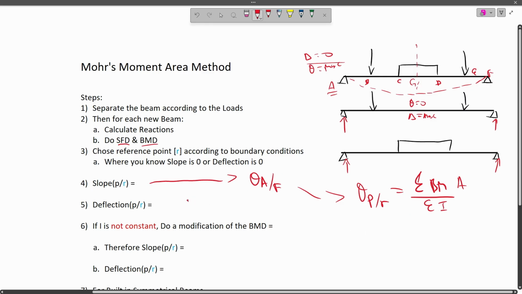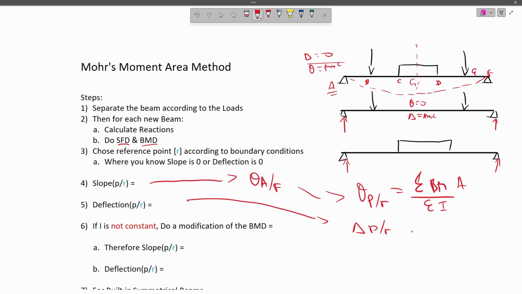And then the deflection equation, for the point they're looking for based on our reference, is going to be the sum of the bending moment areas times the centroid, from our reference to that point, divided by EI.